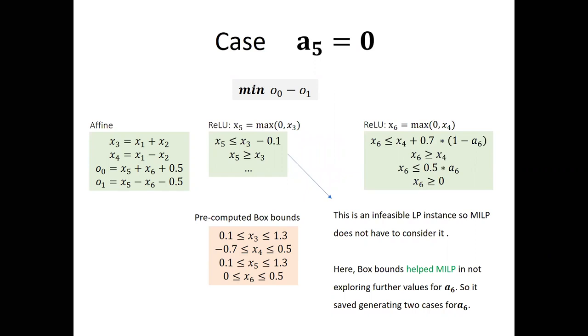So really what we have is 2 to the 2 cases. We have A5, A6, so this is 4 combinations. But let's look at the first ReLU, A5, and see what happens.